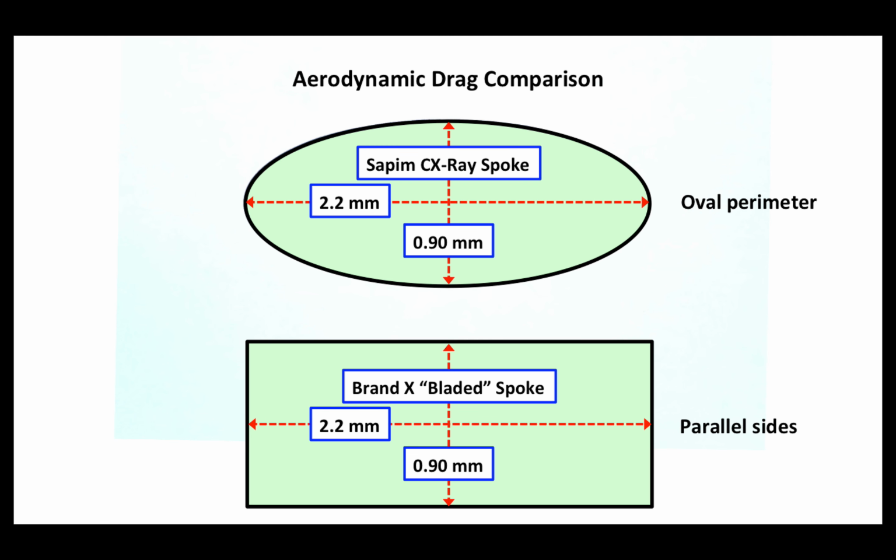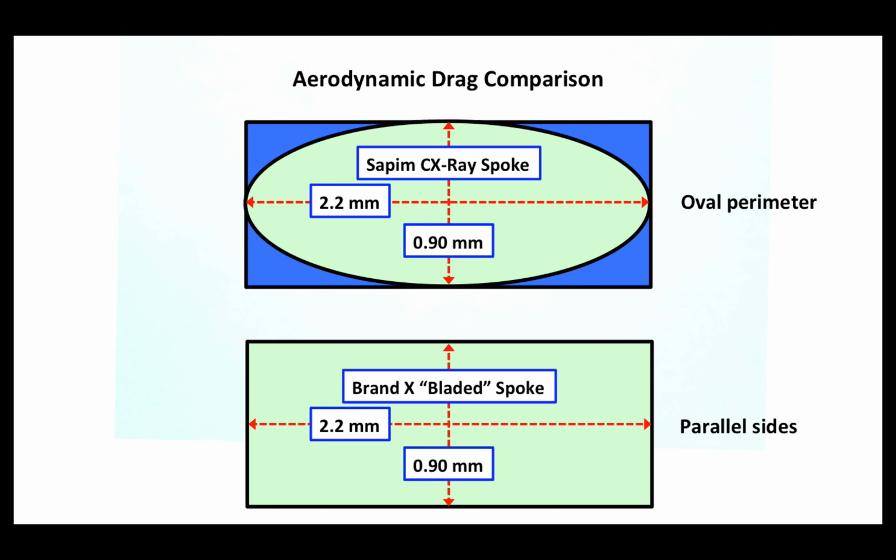Back to this earlier slide, when we compare now the spoke with the more or less oval perimeter to the one with the parallel sides, it's obvious that the one on the top is going to be more aerodynamic in its shape. It's also obvious that the cross-sectional area and therefore the mass of the oval spoke is going to be less than the bladed spoke with parallel sides.